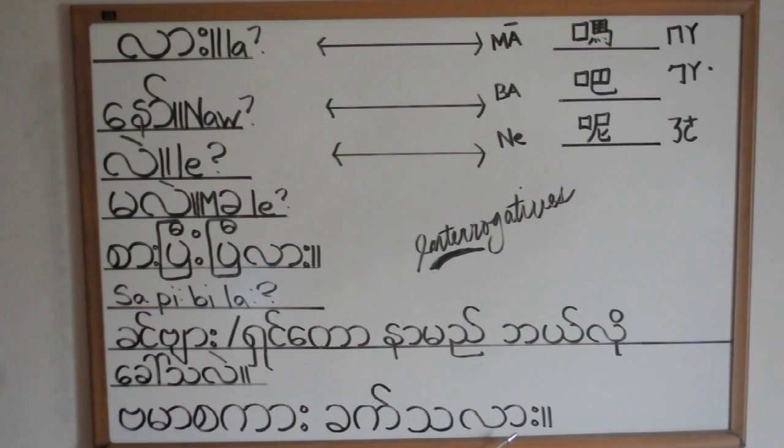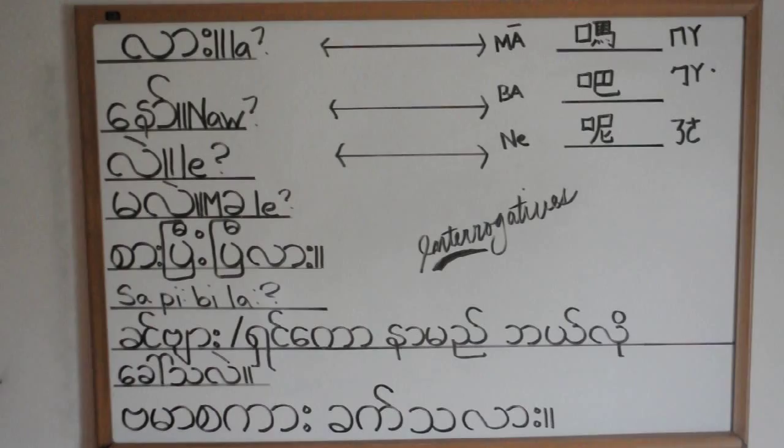The th here is just added when you're asking certain questions; we'll get into that later. But we use la here, and that's a yes or no question. So we had la and we had le. La, yes or no question. Le, a question looking for a variety of answers.